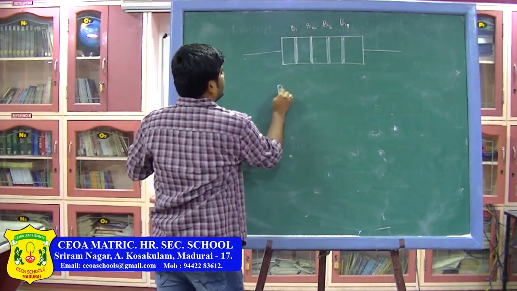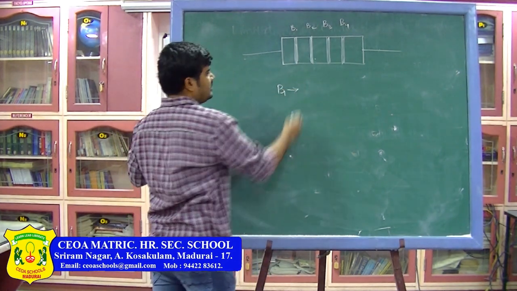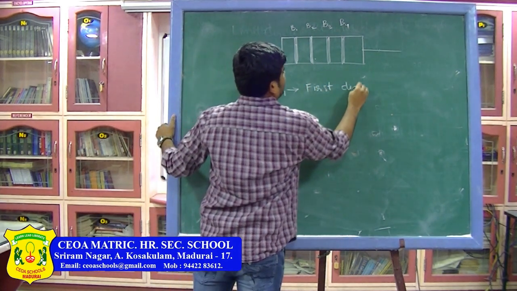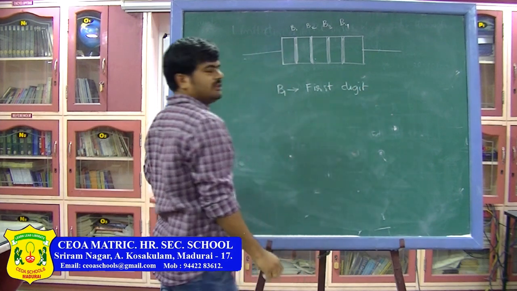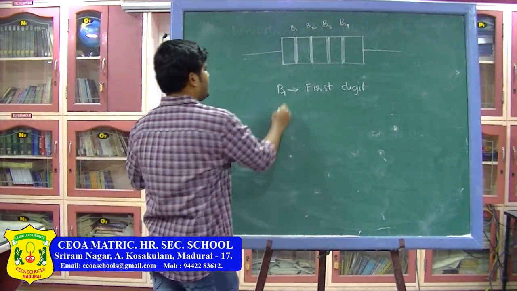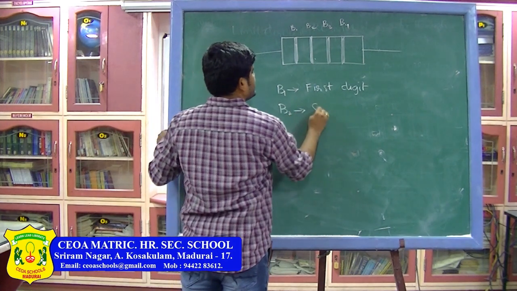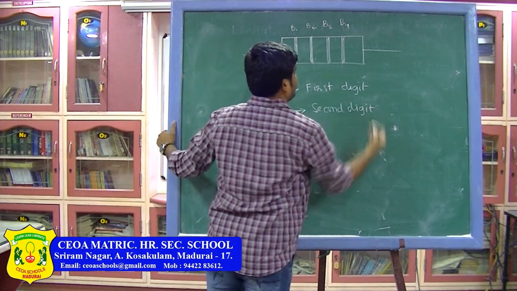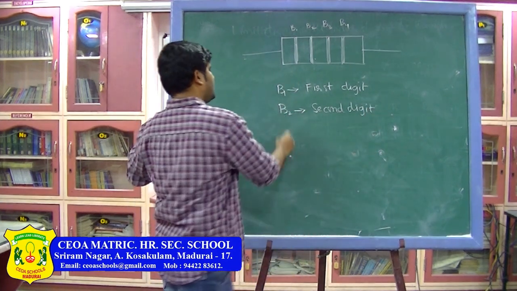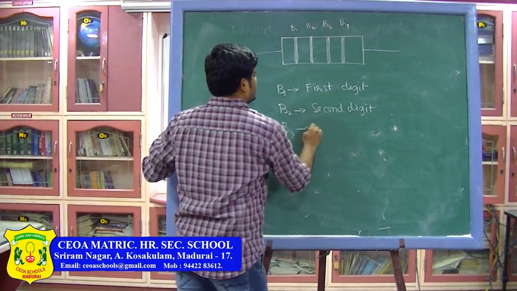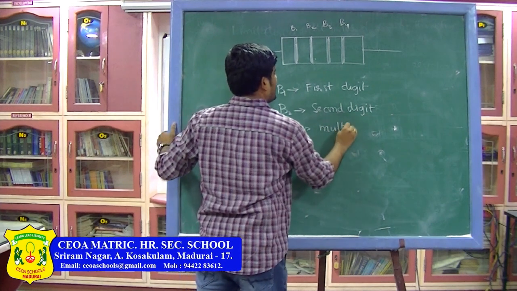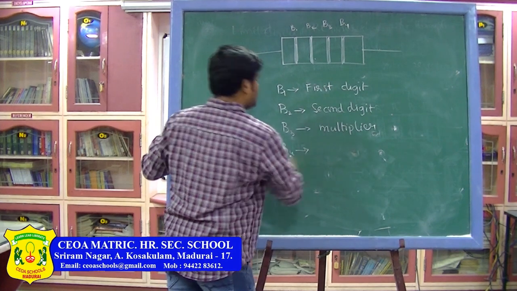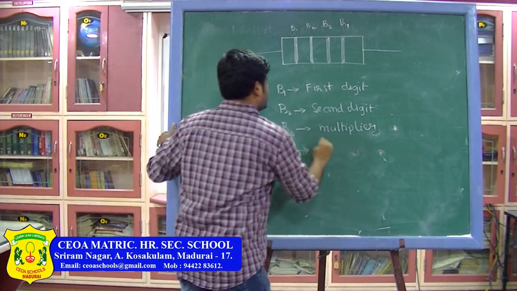So band 1, the first color, indicates the first digit in the value of resistance, and the second color indicates the second digit in the value of resistance, whereas the third color, that is band 3, indicates the multiplier, and band 4 indicates tolerance.